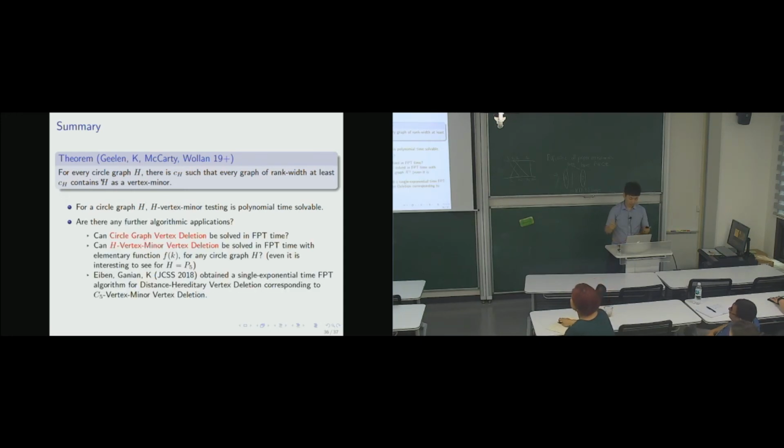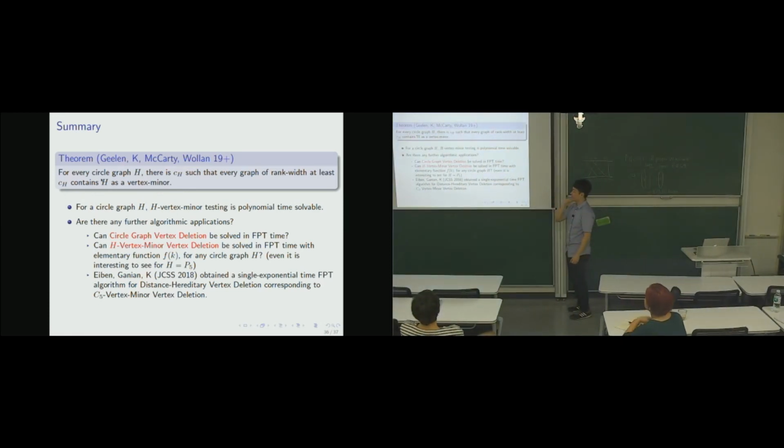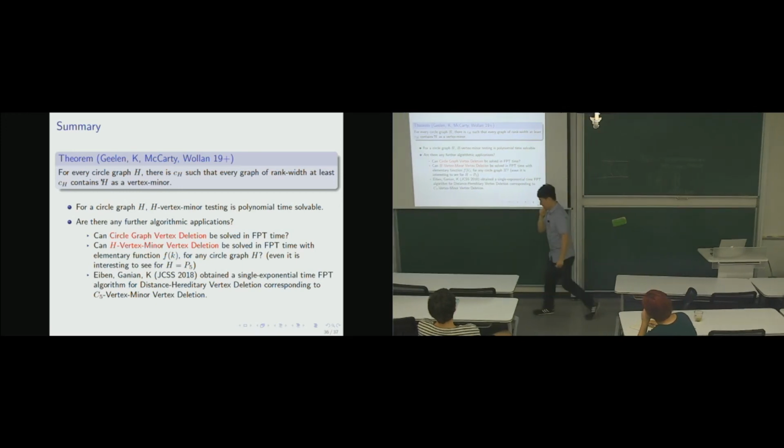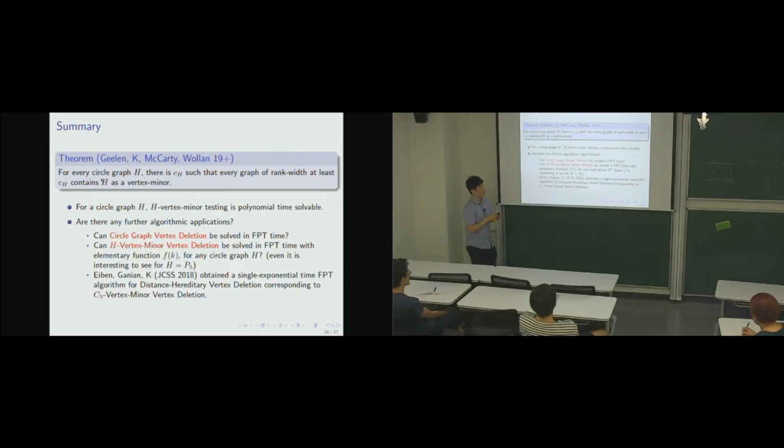We just have a grid theorem, so we don't actually think about many applications, but we are motivated by the usefulness of the grid minor theorem for trees. Like we try to think about the vertex deletion problem for circle graphs, where you want to delete k vertices to obtain a circle graph.